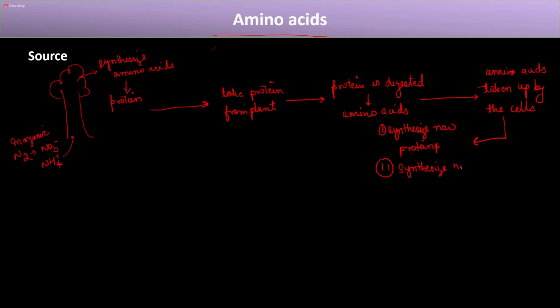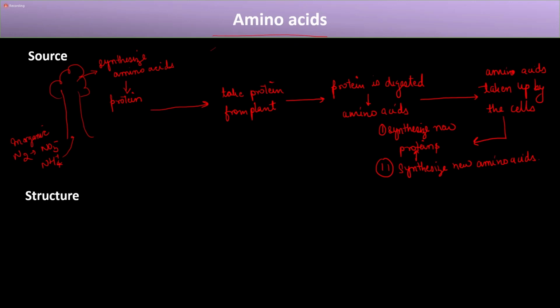So it can synthesize new proteins as well as new amino acids. And then these new amino acids are again used to synthesize new proteins. So this is how an animal or a human gets the amino acids.